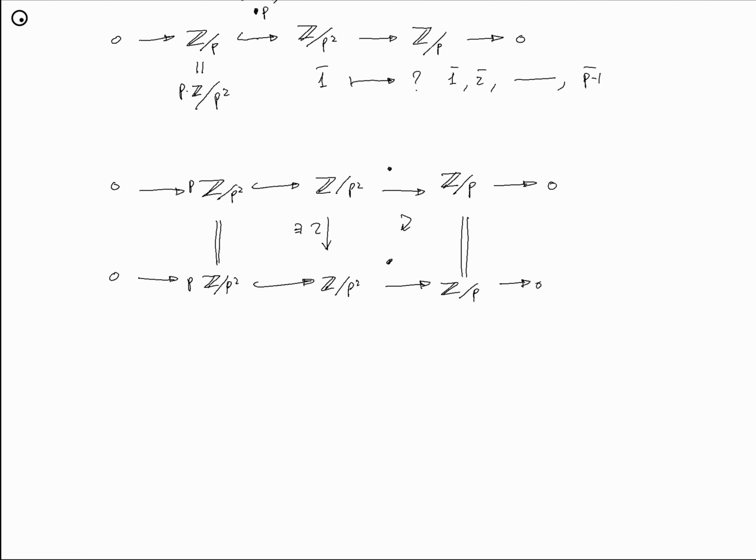Let's just take two examples, 1 and 2. There exists something that makes this commutative, so 1 is mapped to 1, and then by identity this is mapped to 1, and then 1 who is mapped to 1? Nobody will map to 1, right?